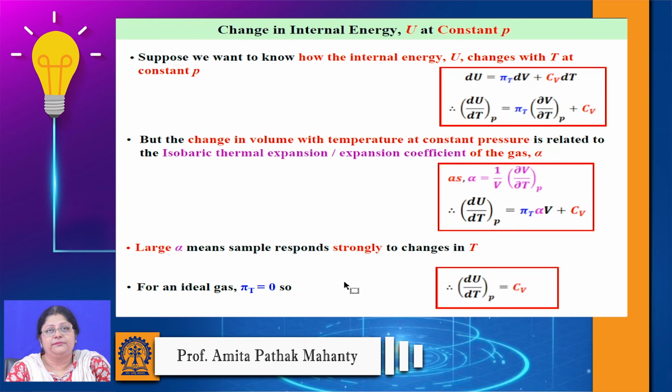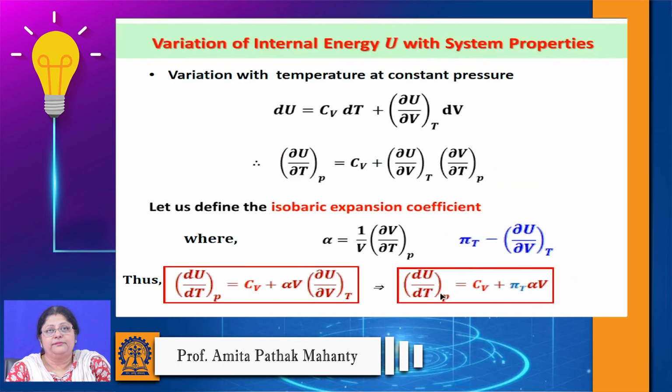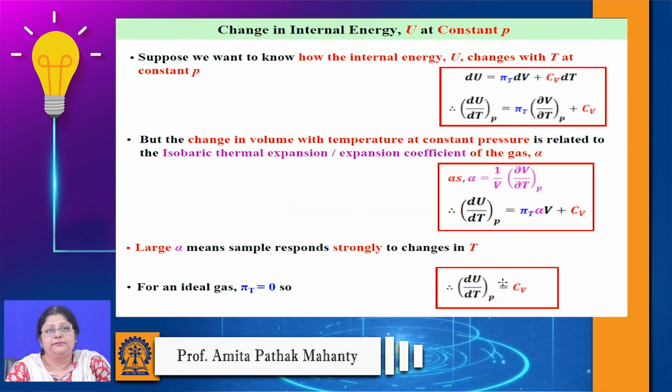For an ideal gas, mu J T equal to 0. So from this expression, this is what we have evaluated so far: how internal energy changes with temperature at constant pressure. Usually we know this at constant volume is equal to Cv, but here we will show for an ideal gas, for which mu JT is equal to mu T, the internal pressure is equal to zero.